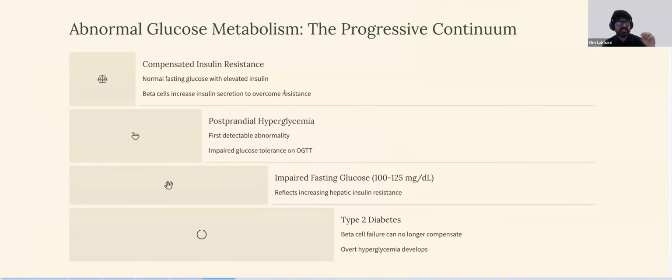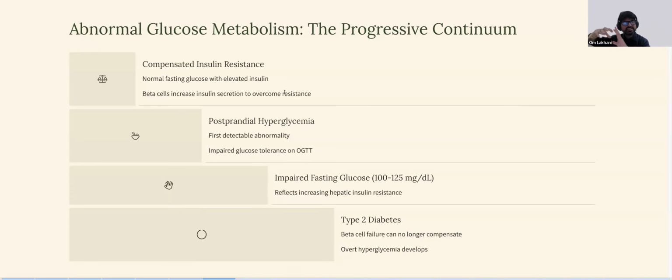We are dealing with a stage before the patient develops diabetes. Essentially, the patient starts developing insulin resistance, and the body, in compensation to overcome the insulin resistance, starts increasing insulin production. So initially the patient has a lot of insulin resistance, but we are compensating for that.